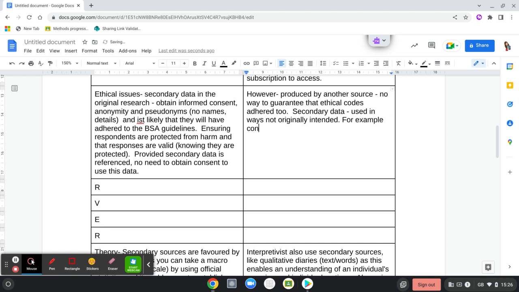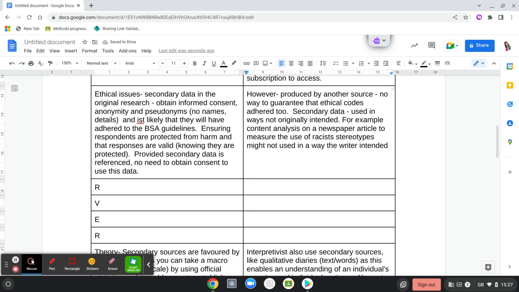For example, a content analysis on a newspaper article to measure the use of racist stereotypes might not be used in a way the writer intended.